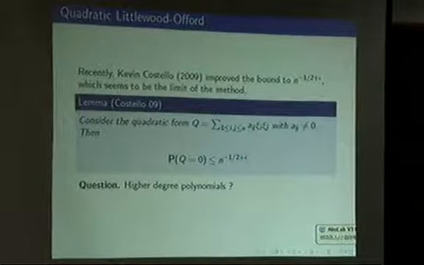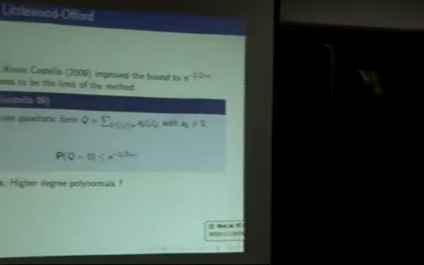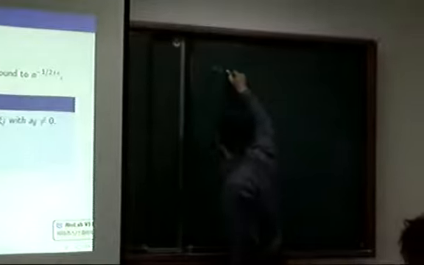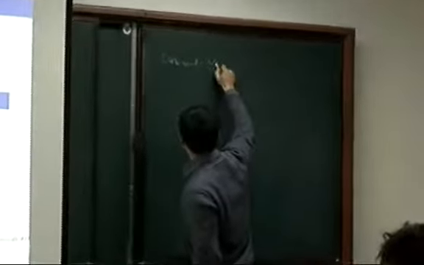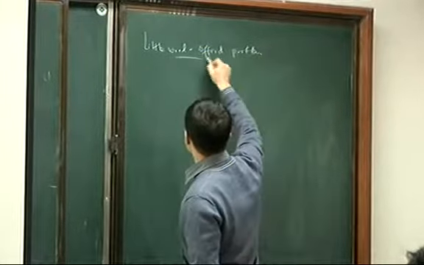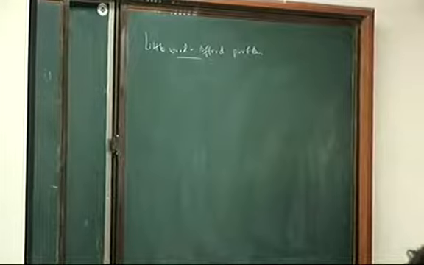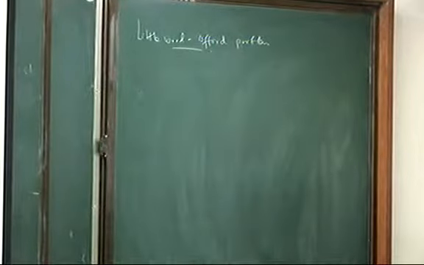Okay. Yeah, so let me tell you the lemma. Let me tell you first of all the Littlewood-Oxford problem. If you went to my talk at the KMS AMS meeting, I already mentioned this, but I can do it again.